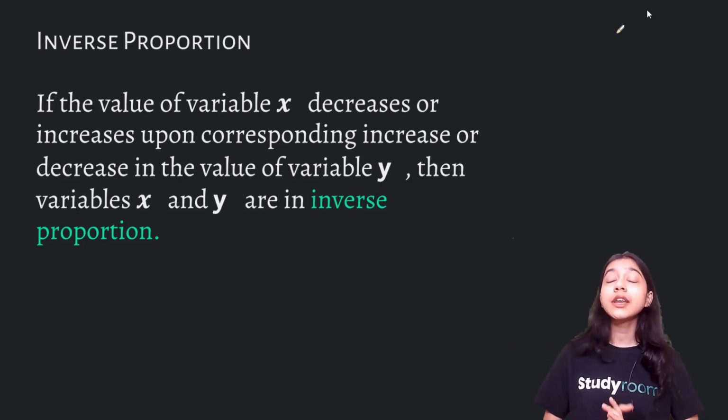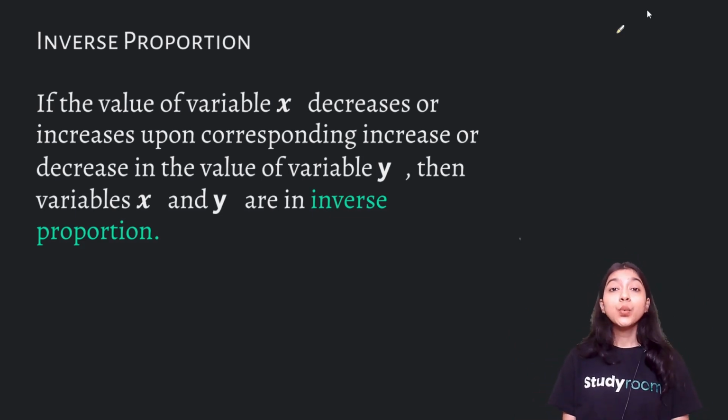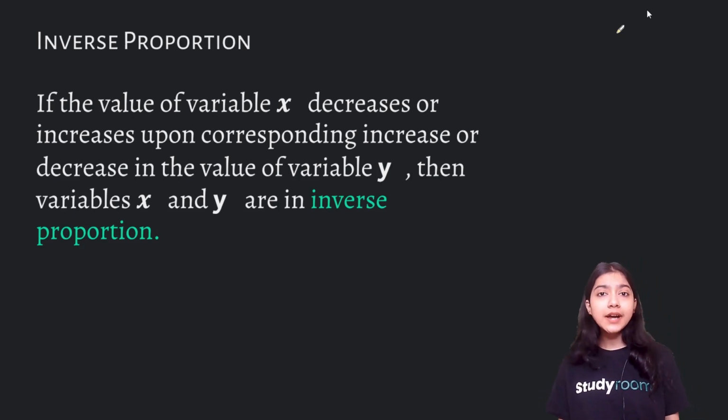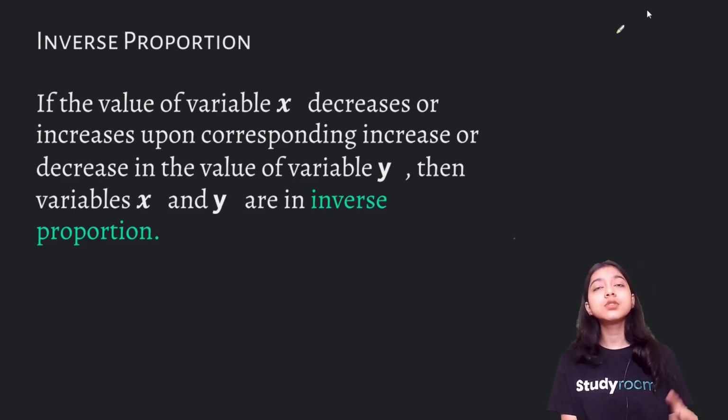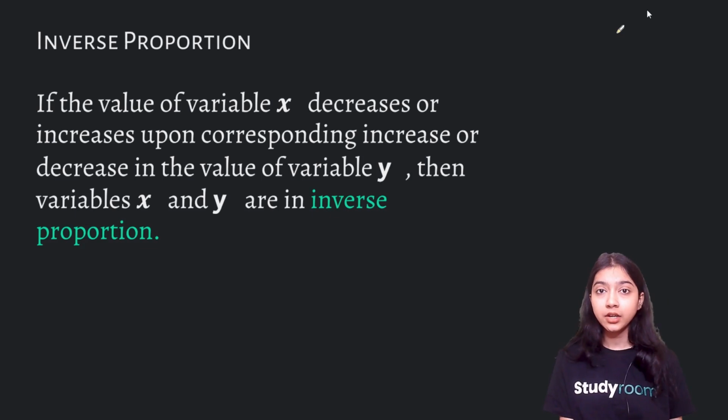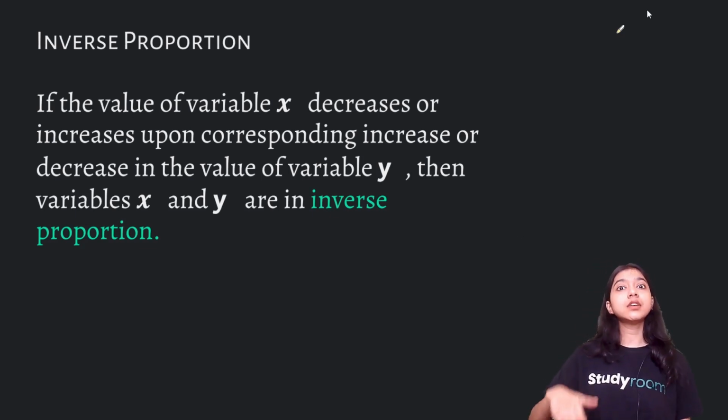Now let us consider an example. Let's say we have to travel a distance of 20 km and my speed is 10 km per hour. So the time taken to travel this 20 km will be 2 hours because my speed is 10 km per hour. In 1 hour I can travel 10 km, so I will take 2 hours to travel this 20 km. Now let me increase my speed.